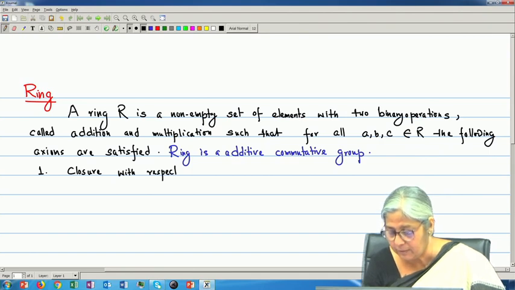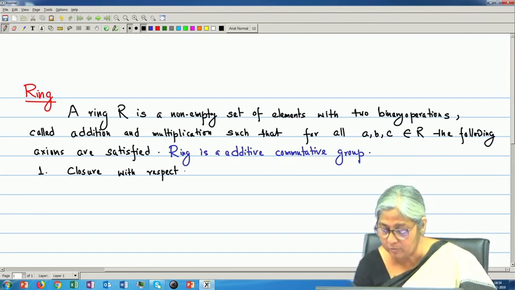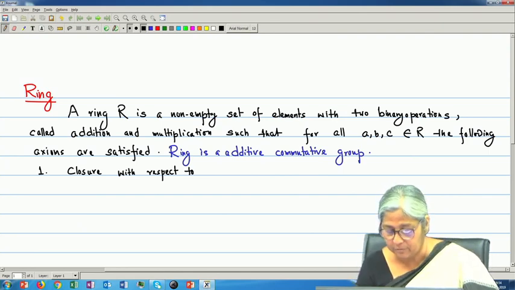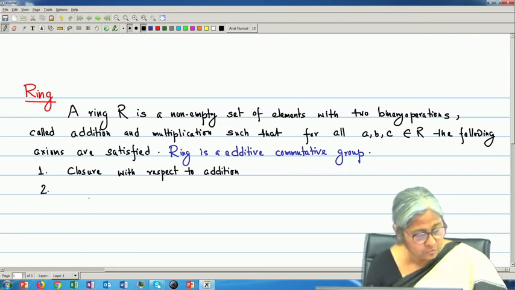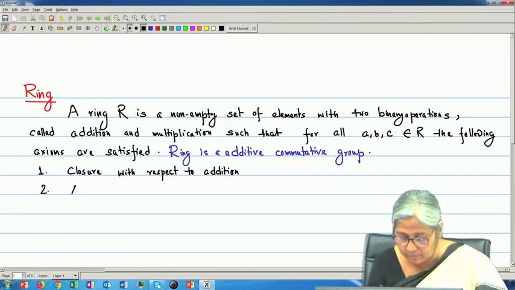When we defined the group, we considered only one operation, so with respect to one operation, say addition first, it must hold associativity.